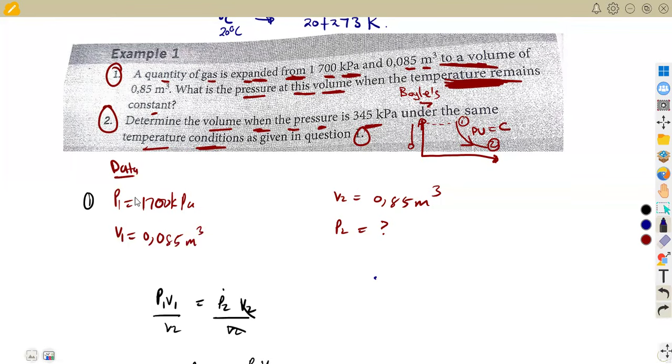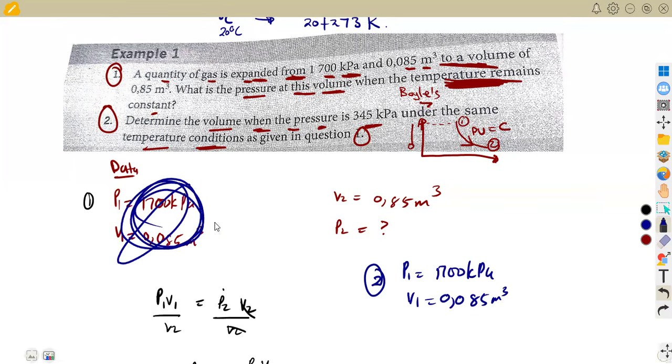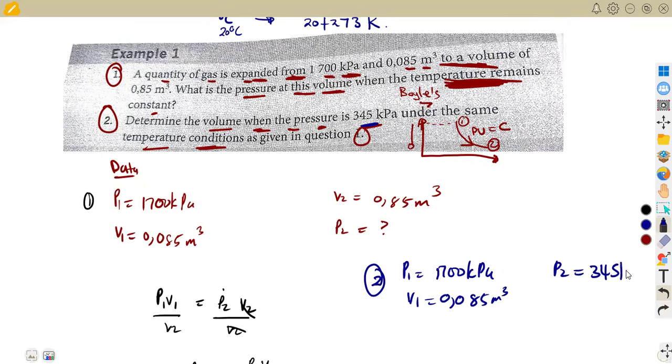We are still at the same conditions that we had before, where our P1 was 1,700 kilopascal and our V1 was 0.085 cubic meters. The only part that changed is the second pressure, P2, which is now 345 kilopascal. We are supposed to calculate the volume there. That is the condition of our question.